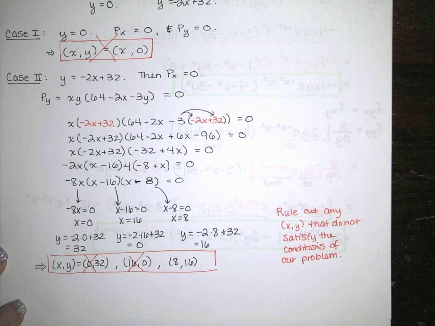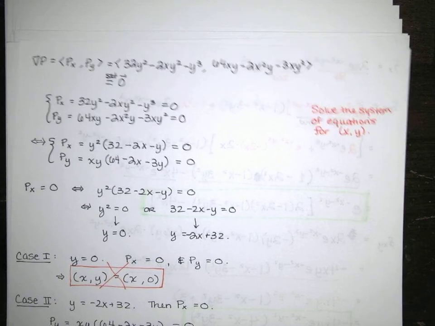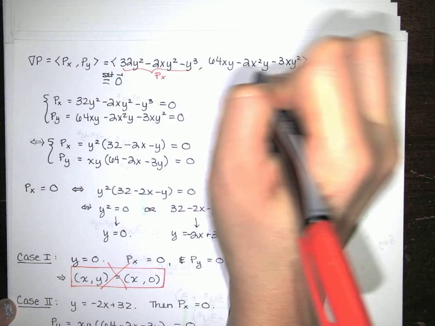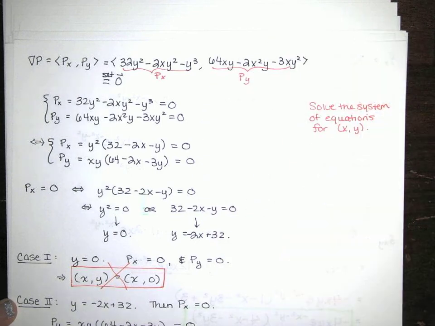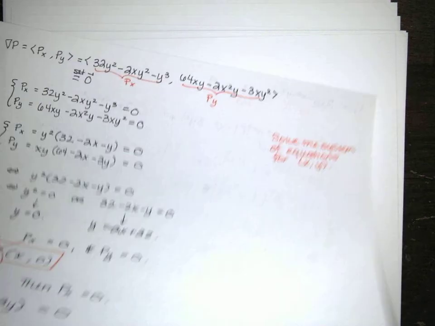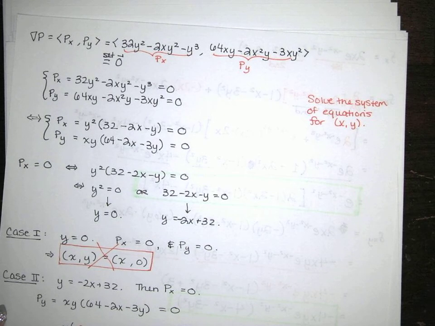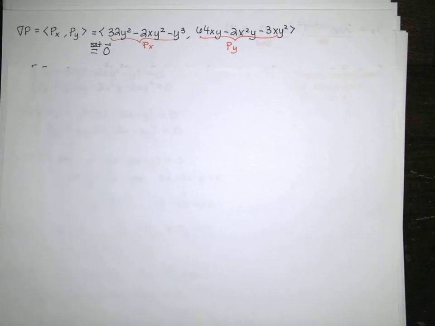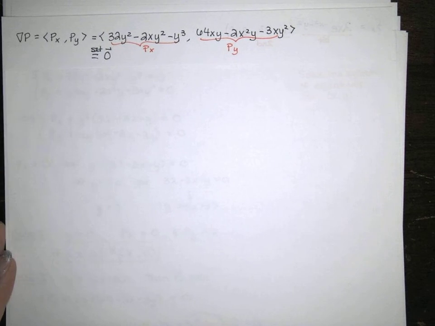We're going to test this point now using the second partials test, and the second partials test requires us to take a bunch of second derivatives. So keep in mind, those are our partials with respect to x and y. And I'm going to get another piece of paper so that we can solve this now. Okay. I'll just put that like that so we can still see it. Okay.